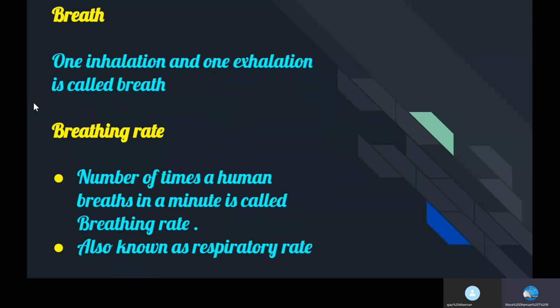We should check the breathing rate of a person when he is at rest. It means that he is not doing any physical activity like running, and has not just completed running. He should rest for some time. Then we have to check the breathing rate.